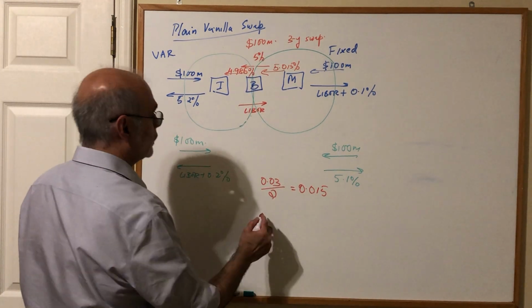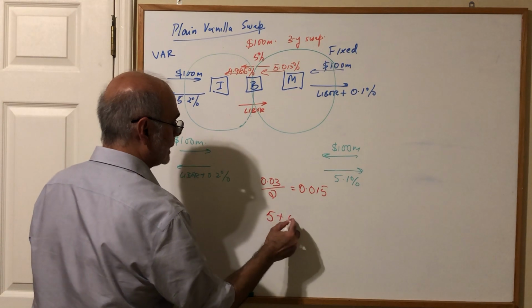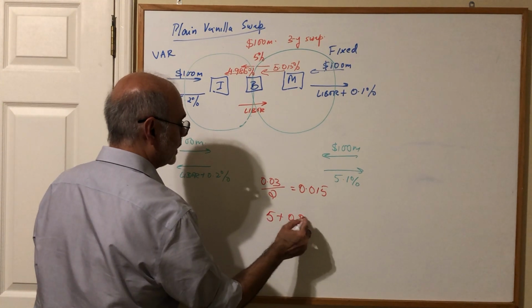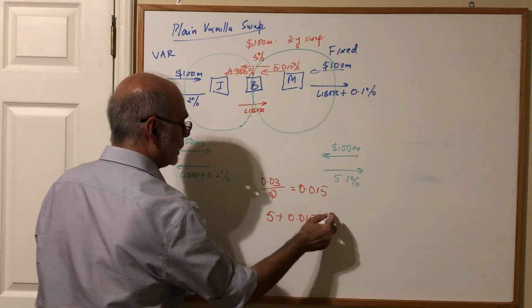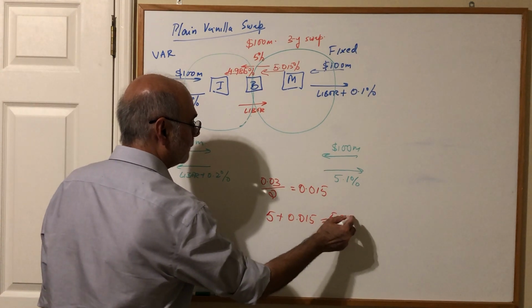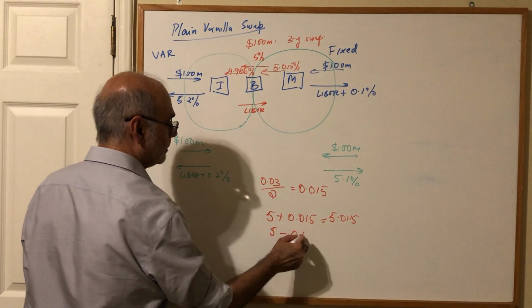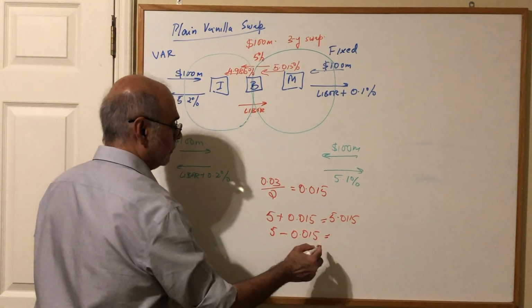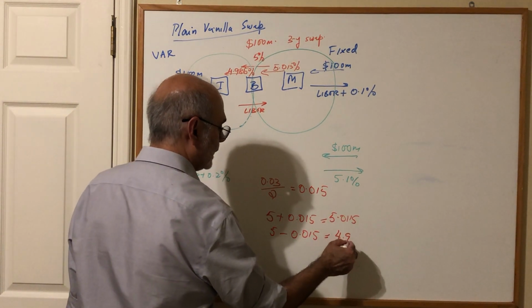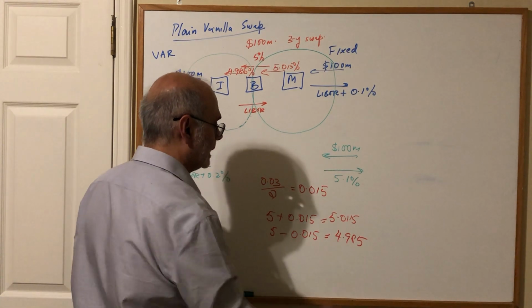Right? So Microsoft pays 5 plus 0.015, which is equal to 5.015, and Intel receives 5 minus 0.015, which is 4.985%.